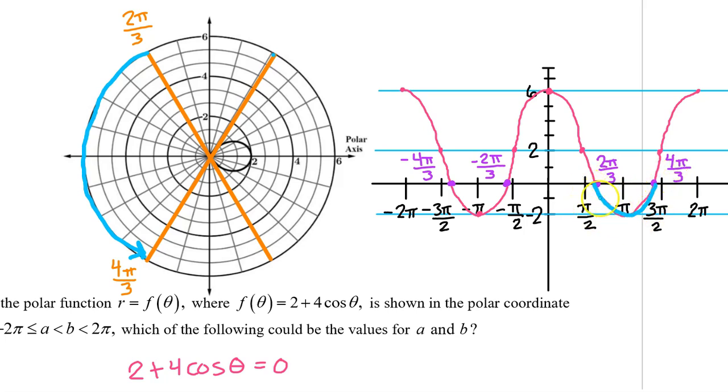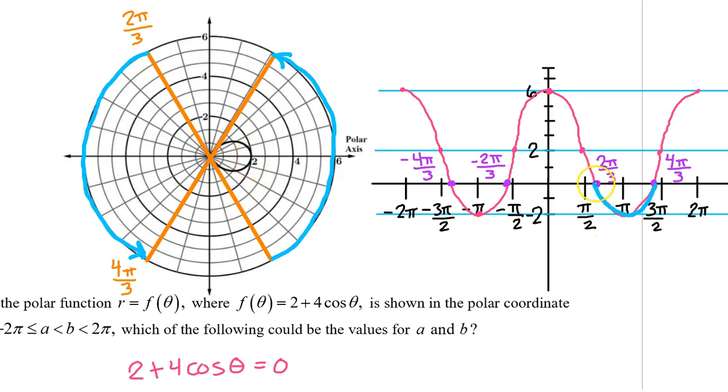Because of these negative r values, the graph will be in the opposite direction from where theta is. So as theta goes from 2 pi over 3 to 4 pi over 3, the graph will actually appear in this area, drawn from here to here. And we do see this portion of the graph in this interval.